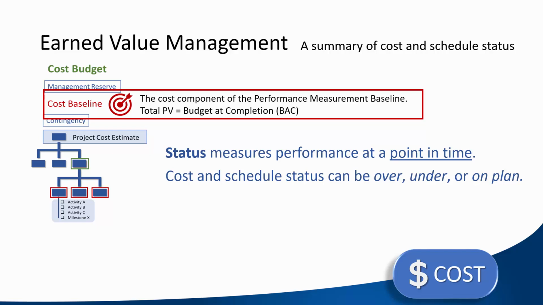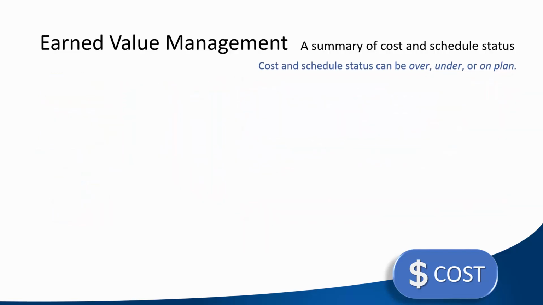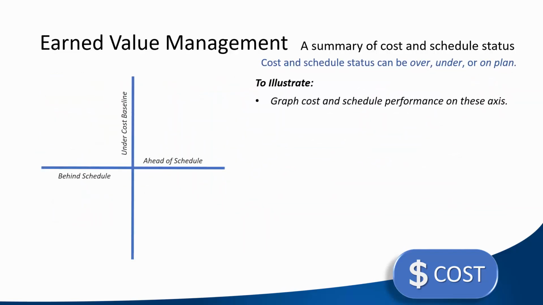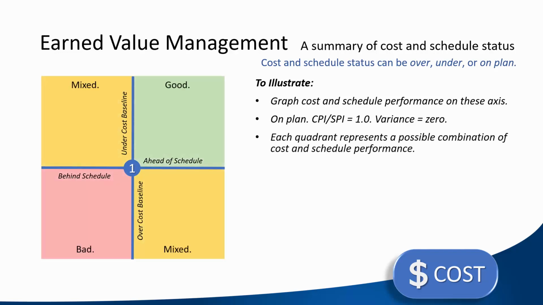To illustrate, let's graph our cost and schedule performance on two axes. The intersection will be on plan, which is a CPI and SPI of 1. Now, we have 4 quadrants. Each represents a combination of cost and schedule performance. The upper right is good, ahead of schedule, and under the cost baseline. The SPI and CPI are both over 1.